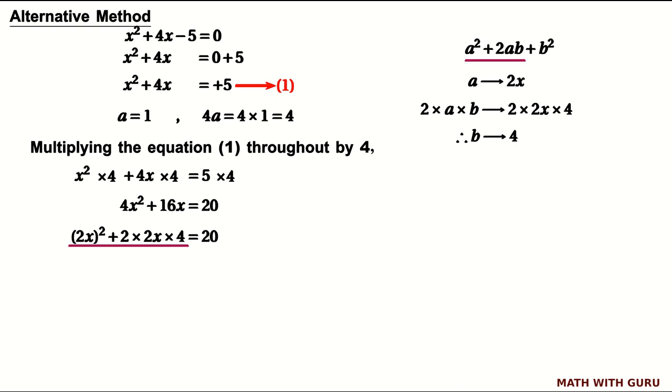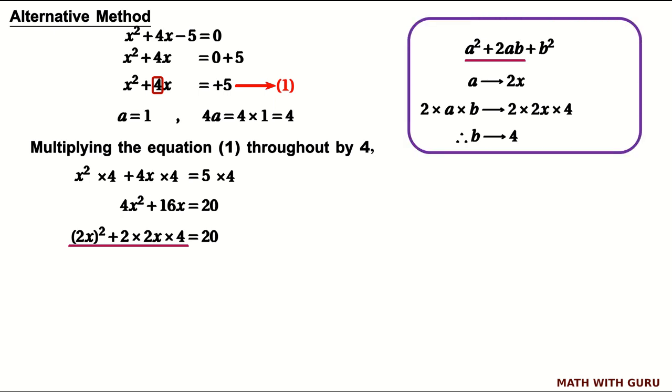Therefore, b is 4 here. Note that 4 is the coefficient of x. Now, add 4 squared to both the sides. (2x) whole squared plus 2 into 2x into 4 plus 4 squared equals 20 plus 4 squared.